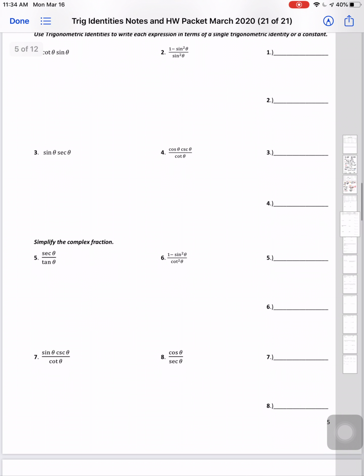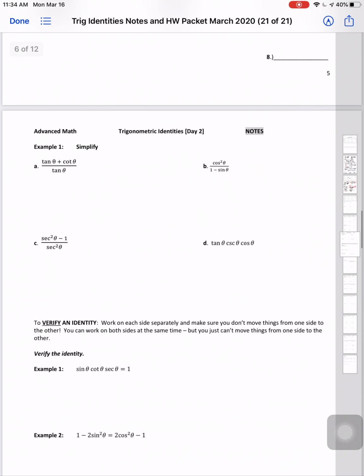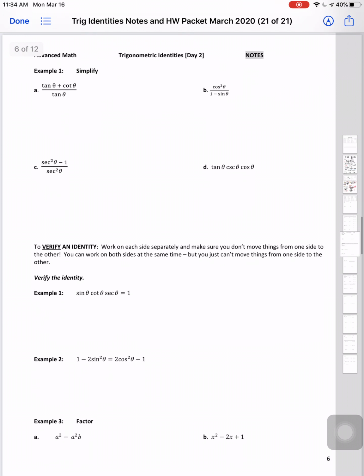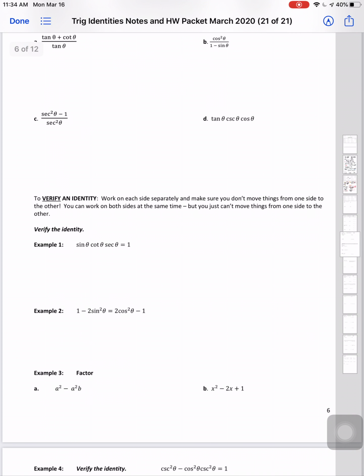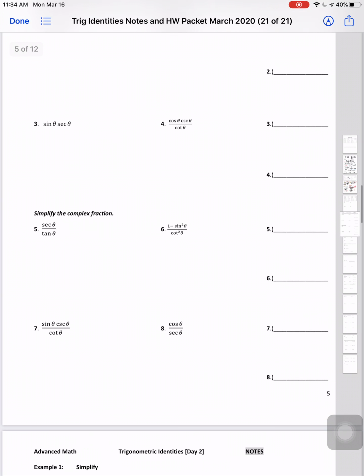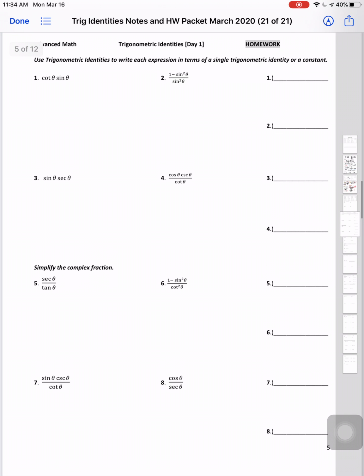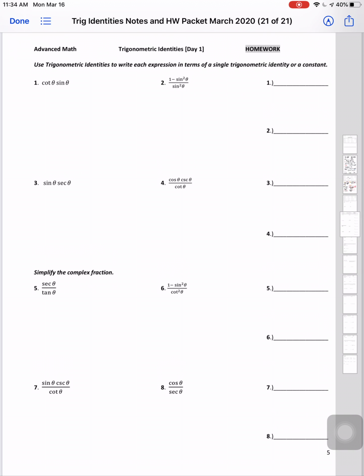They do have a little bit more complicated issues with factoring and that kind of stuff. So for tonight, your assignment will be this page right here. And I'm going to leave this up. You can take a screenshot. I'm also going to post this on the Unified Classroom so that you can work on those questions. Have a good day.